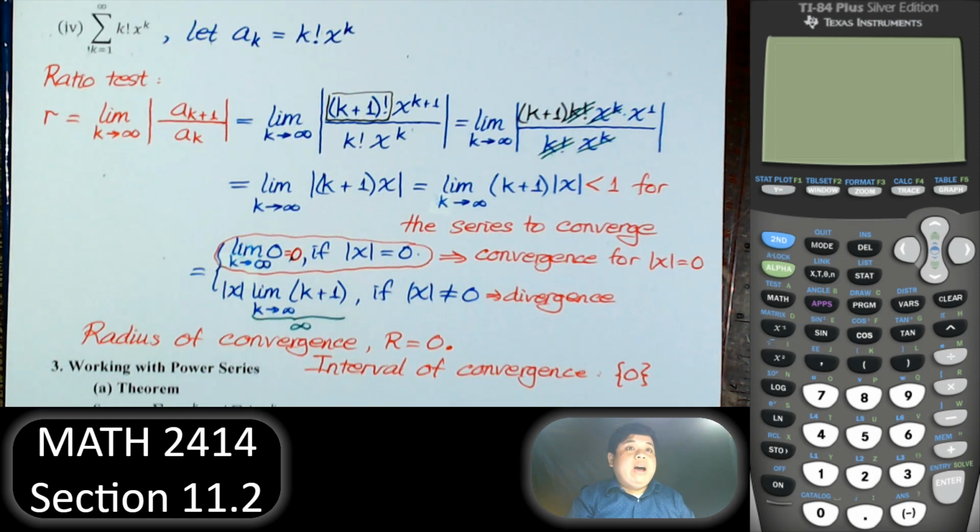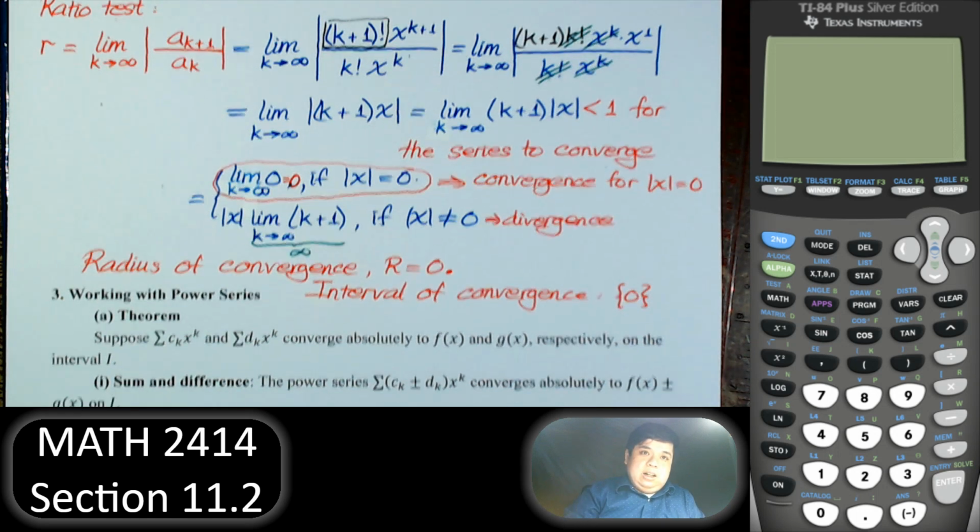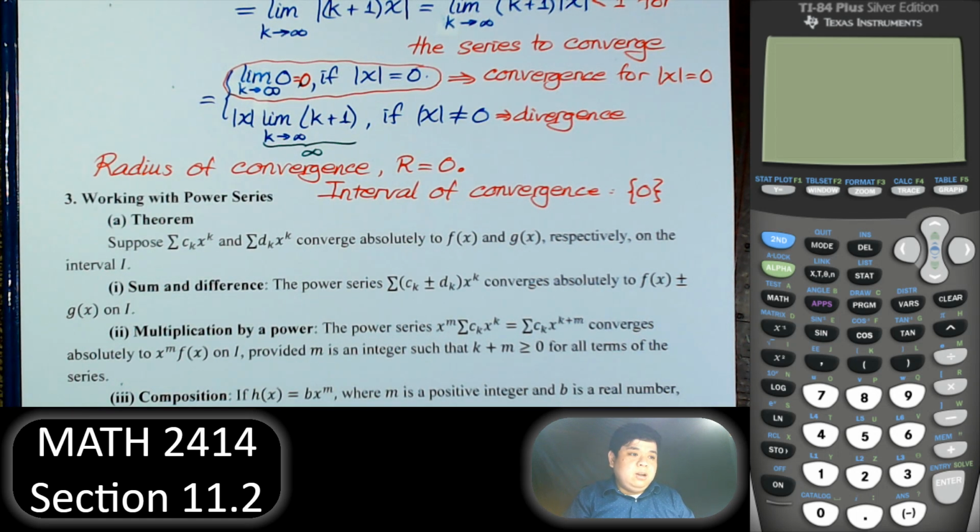Right? If the absolute value equals 0, then the number must be 0. So that is the radius of convergence and interval of convergence. I have quite a few examples of those.